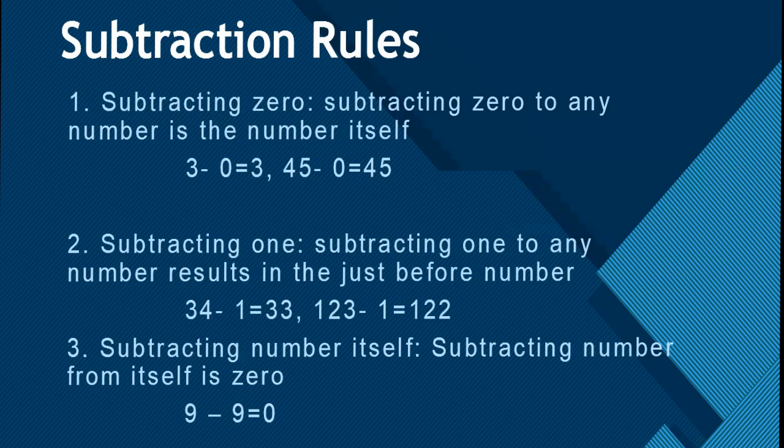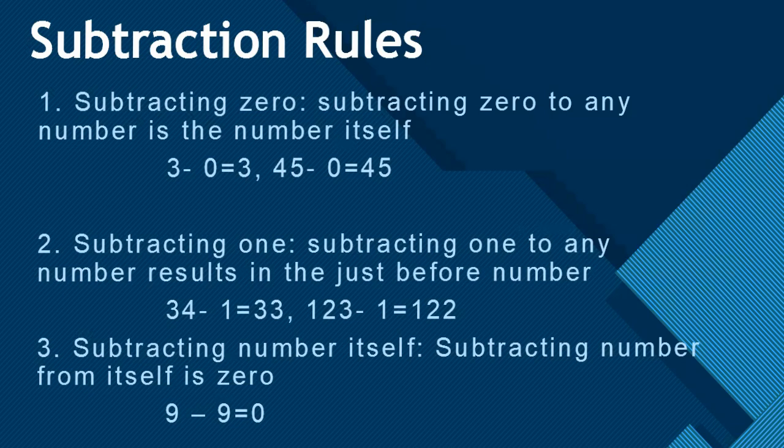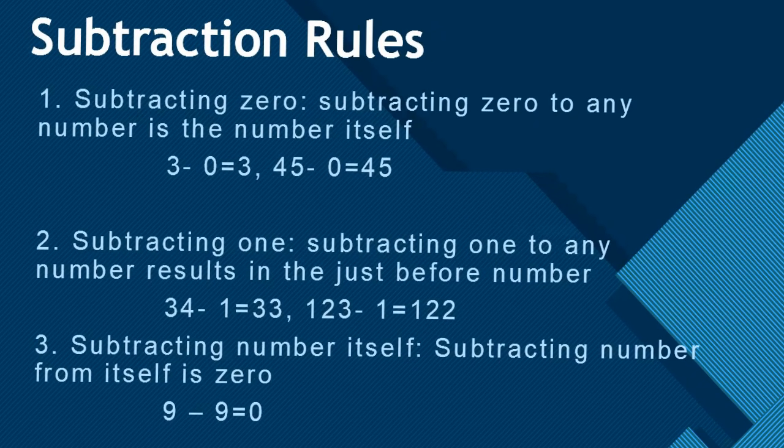Now subtracting a number from itself. If you have 4 chocolates and all the 4 chocolates are taken away by your brother, then how many chocolates do you have? You have nothing to eat, right? Similarly, if we subtract any number from itself, then the answer will be 0. See, subtraction means something is taken away, or something is gone, right?